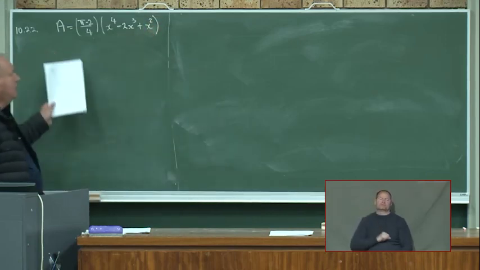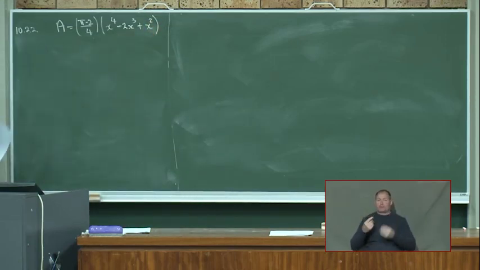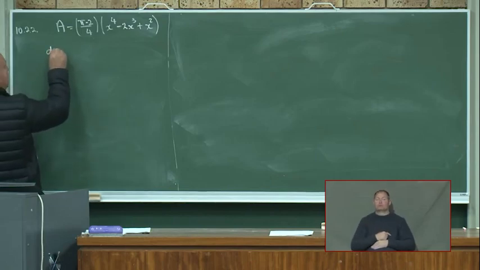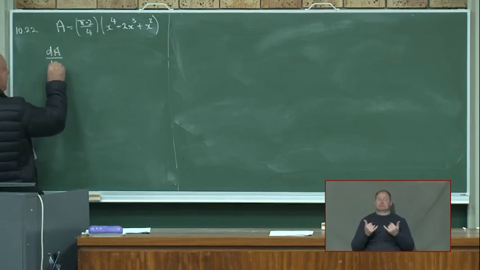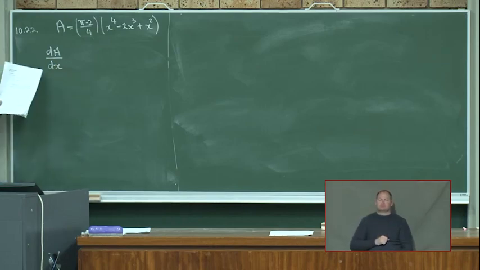Right. Now, to find the maximum or minimum, we're going to differentiate that. So we're going to find dA over dx. Is that clear? Is that clear?